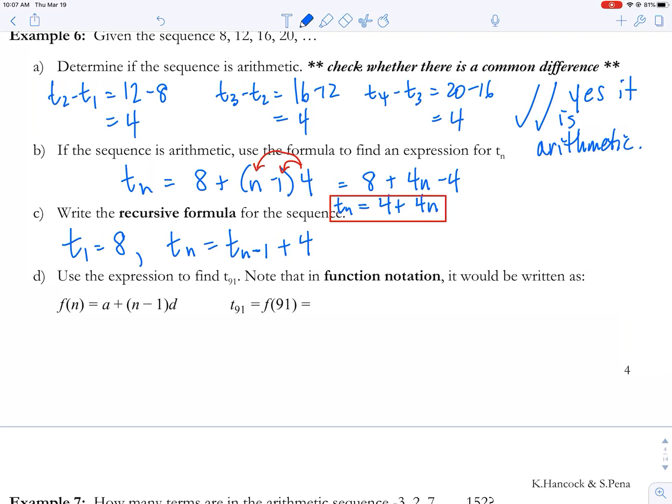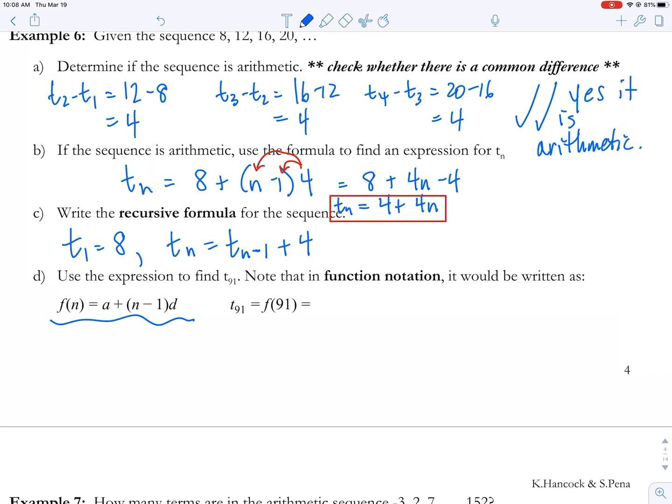Now it says use the expression to find T91, so the 91st term. Just noting that if it was in function notation, we'd be looking for f of 91, where f of n equals that same expression for Tn, the general term, a plus n minus 1 times d.